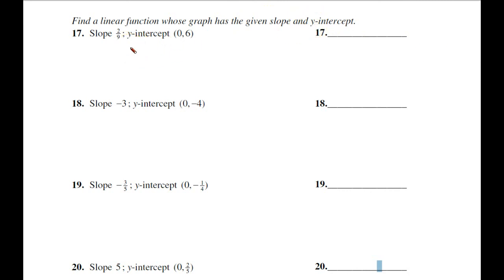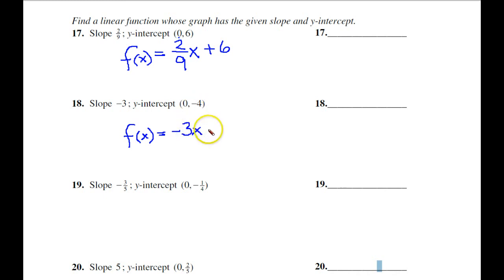So we will say the function of x is such that the slope, which is 2/9, we put the x in there, and plus 6, which is our y-intercept. So here, the function of x is such that a slope is -3. We have to include the x, and our y-intercept is -4.